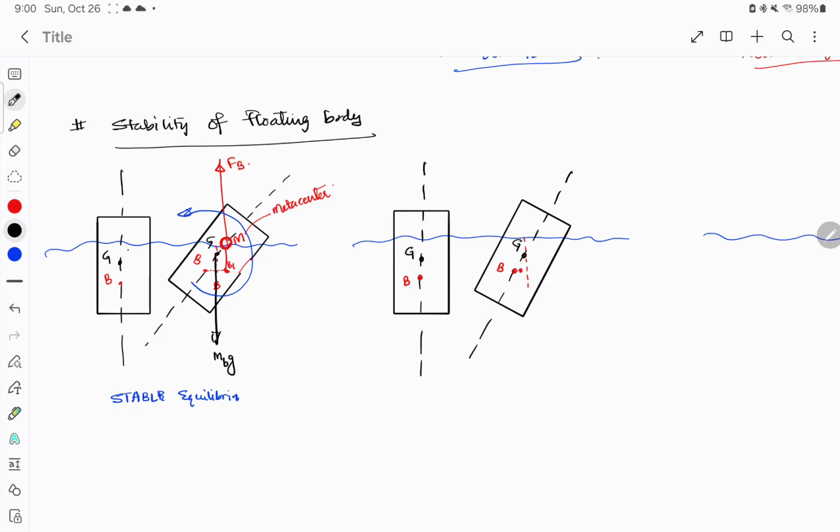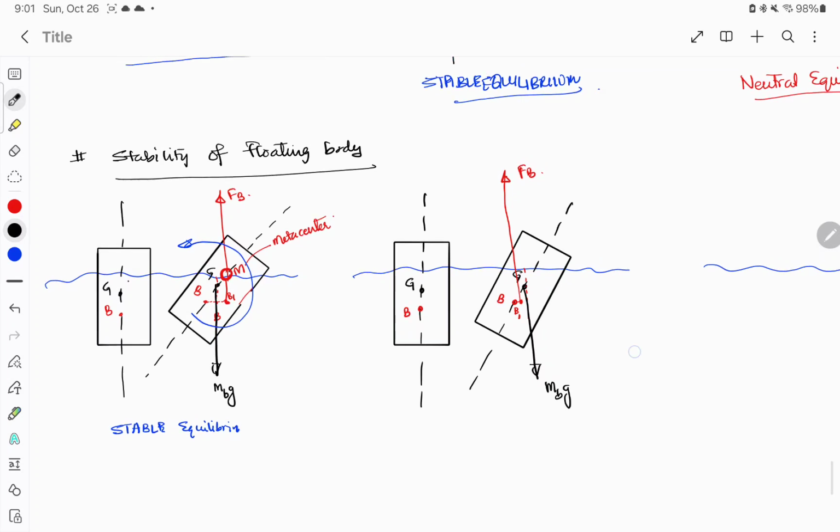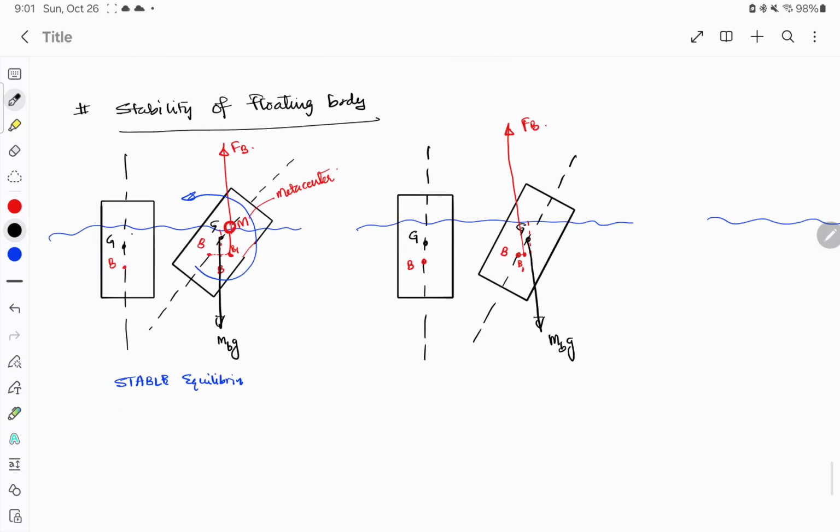Now if we draw the forces on the body, say B1 is here, the new center of buoyancy. So mg, which is the weight of the body, and from new center of buoyancy there will be a buoyant force passing, and the intersection of the vertical line, buoyant force and the vertical axis is called as the metacenter.